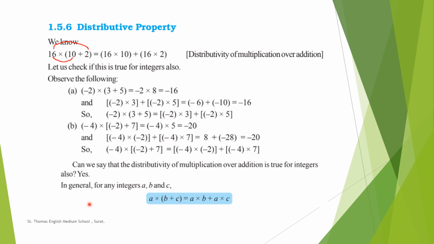So what we can say in general, for any integers a, b and c, a multiplied by b plus c is same as a multiplied by b plus a multiplied by c. Clear? So this property is known as distributive of multiplication over addition, because this is addition, plus, right? Now let's check what will happen in the case of subtraction.